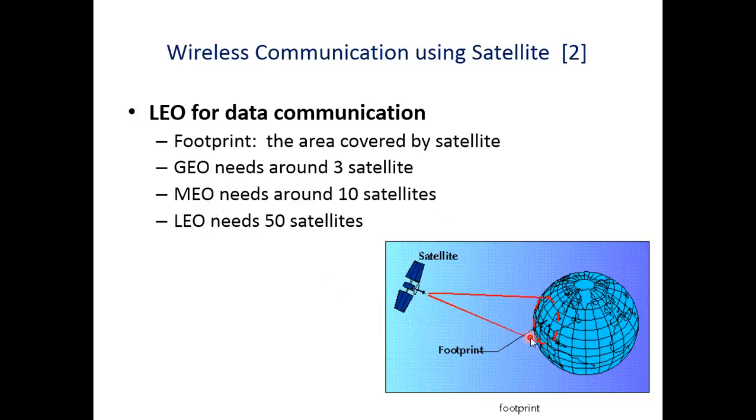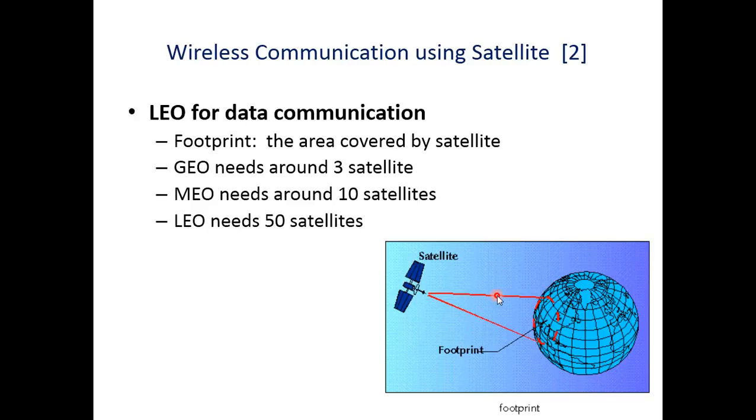GEO needs three satellites. If we have three satellites in the GEO, 40,000 kilometers from the Earth, then only three satellites are required to cover the entire Earth. Same thing, if the satellites are in the MEO, we require more satellites, from 3 to 10.